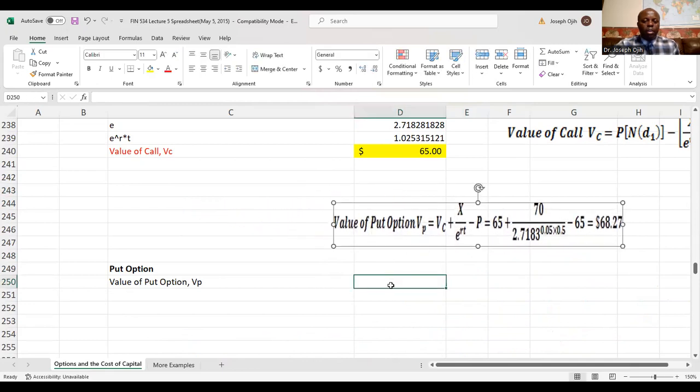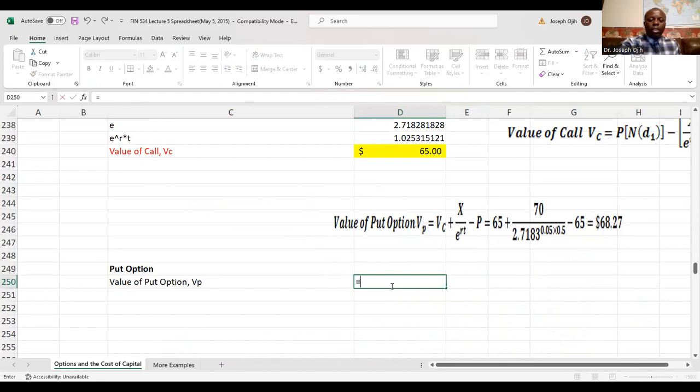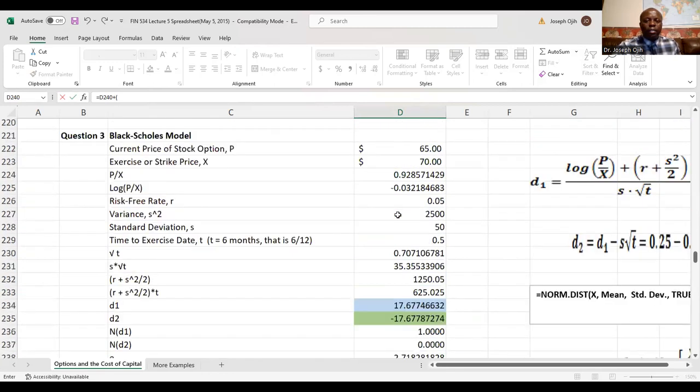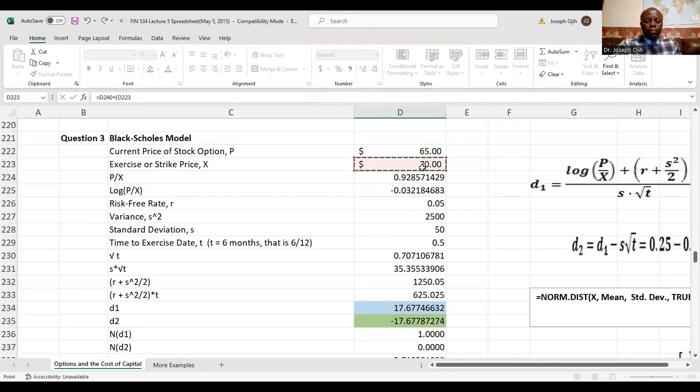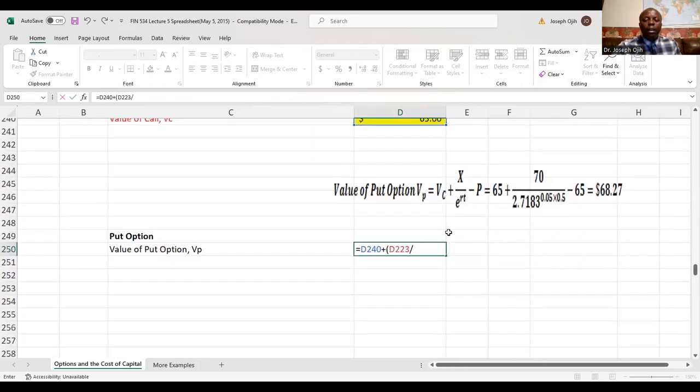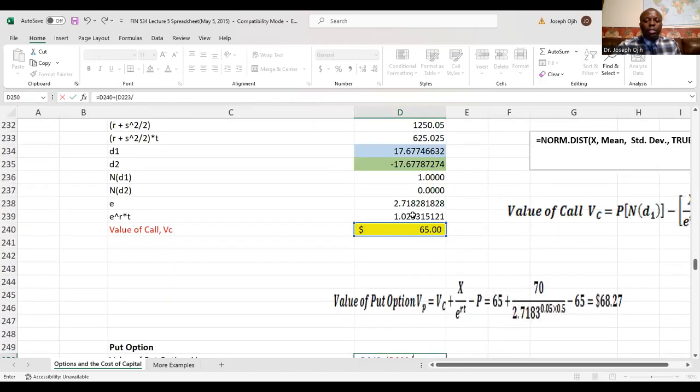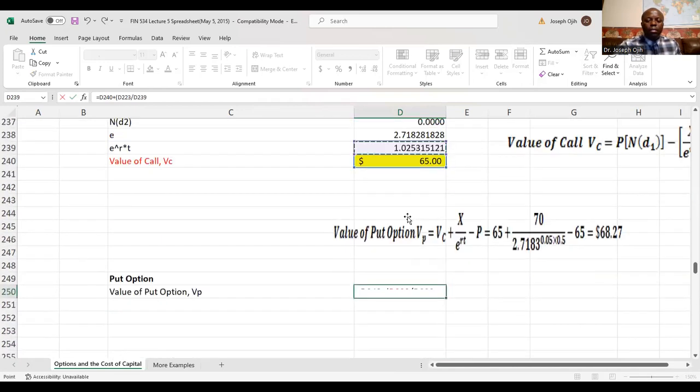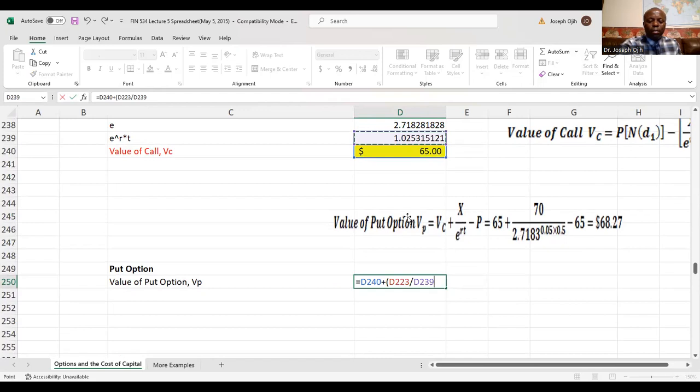So value of put, put an equal sign, the value of call option, which is 65, plus this part, X over e to the power RT, in parentheses. Our strike price X is $70 divided by e to the power RT, which is this one here. Then close the parentheses.